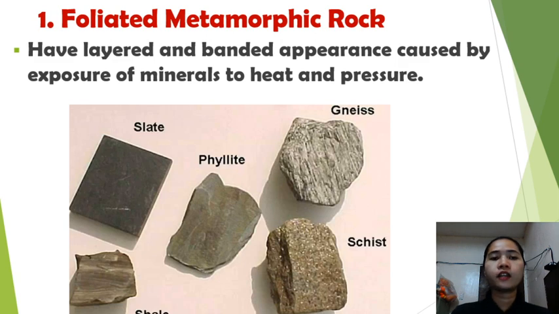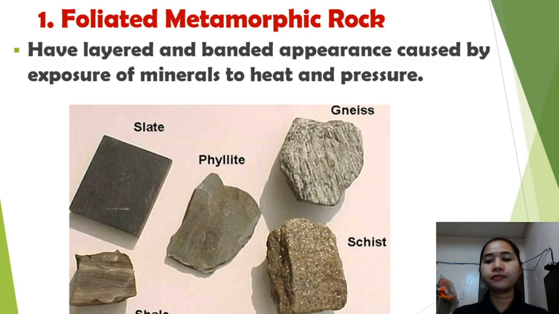Foliated metamorphic rocks have a layered and banded appearance caused by exposure of minerals to heat and pressure. This picture shows examples of foliated metamorphic rocks: slate, schist, shale, and gneiss.